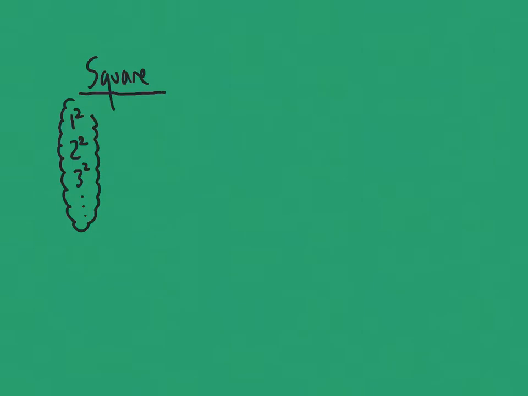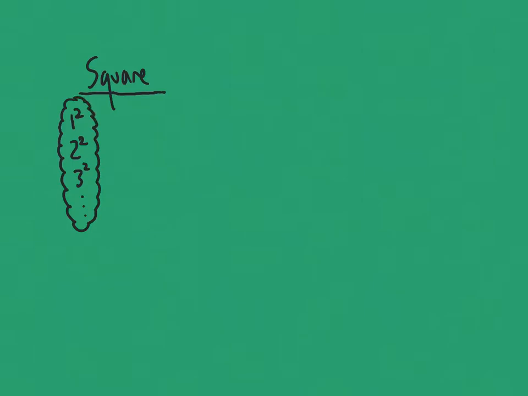So next I'll explain what a square is. These are numbers that can be made by squaring something. So sort of the thinking is 1 squared, 2 squared, 3 squared, and so on. This is just how squares are constructed.